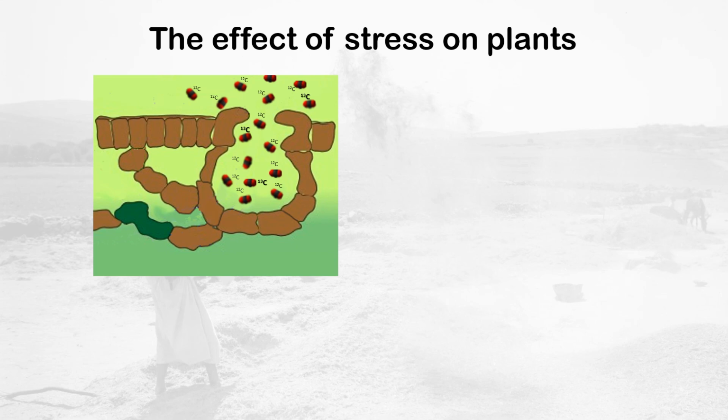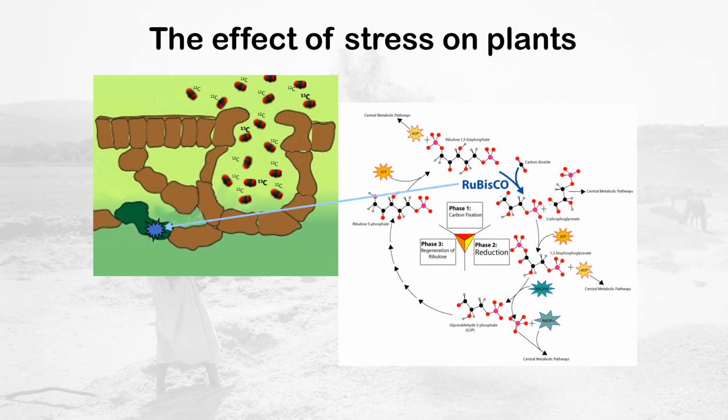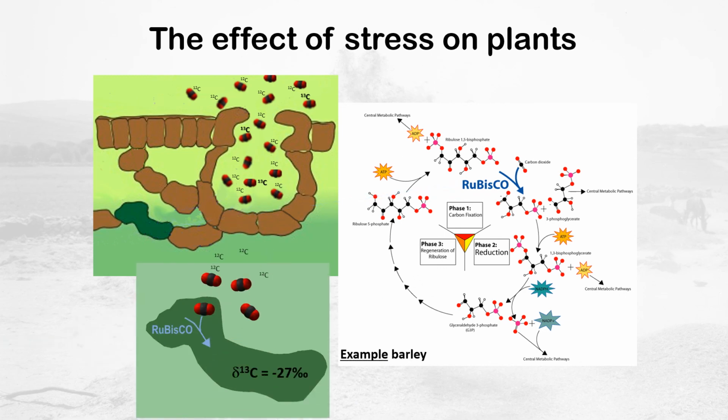As we have already seen, carbon derives mainly from the air. Under balanced conditions, there is the same amount of CO2 inside the stomata as in the atmosphere. The enzyme Rubisco in C3 plants prefers to take up 12C from CO2, that is, it discriminates against 13C, leading to a depletion of the heavy isotope.